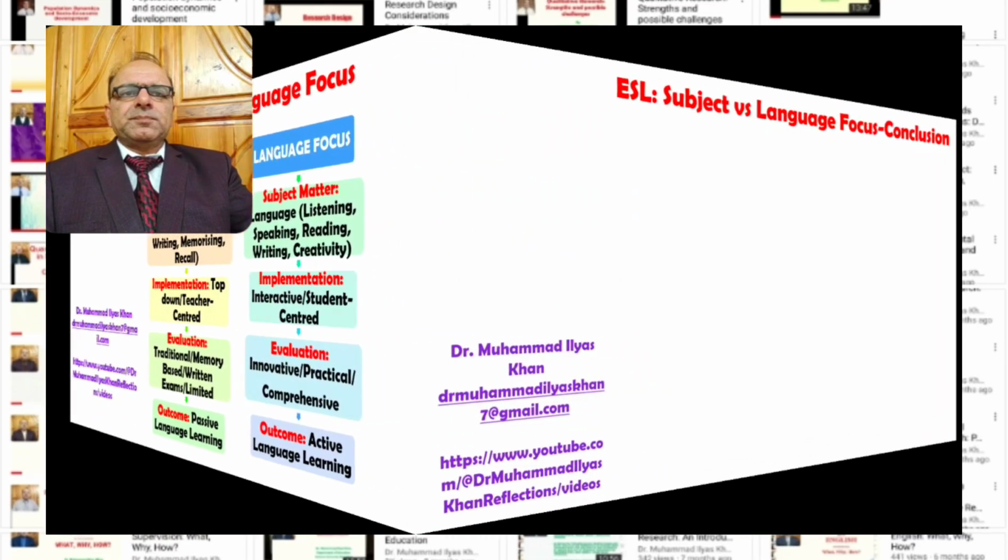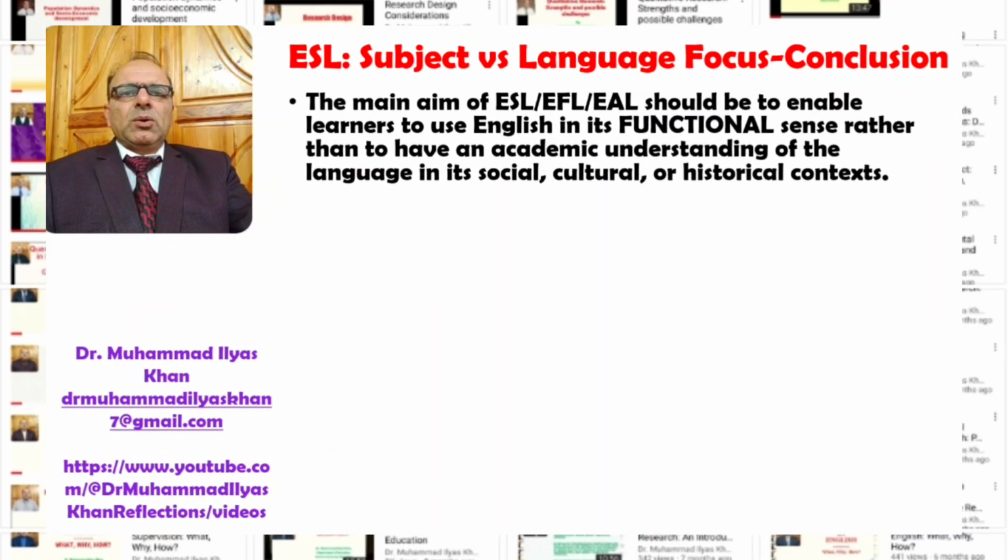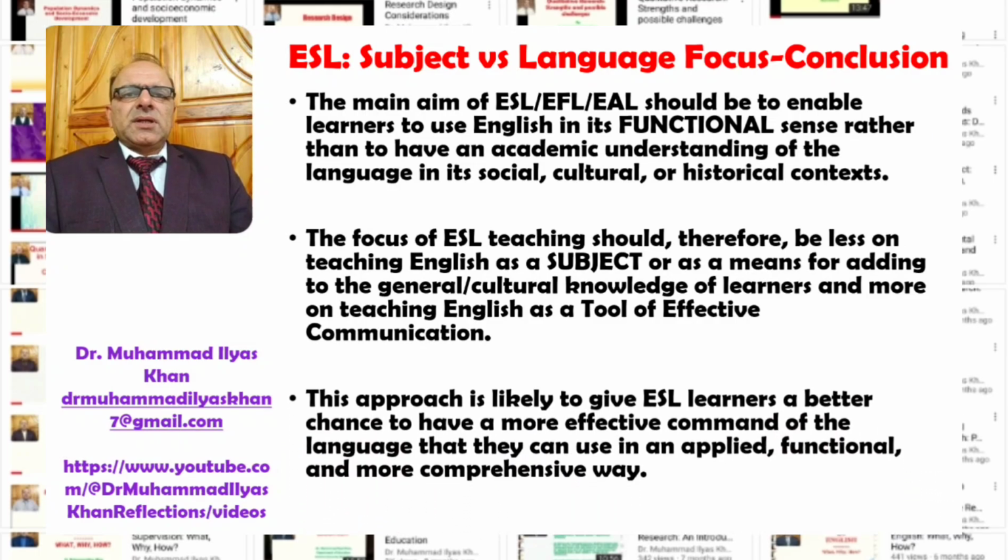Now, I personally consider the subject approach less effective in terms of ESL learning and in terms of making students more efficient in practical understanding and use of language as compared to the language focus.